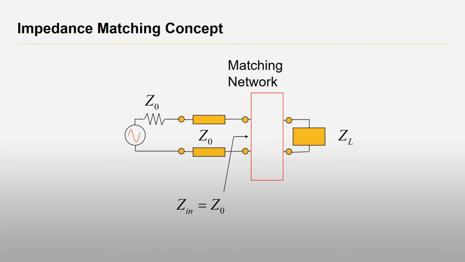And what we would like to have at the input to the matching network is an impedance equal to Z0, so that we are delivering maximum power from the generator to the load. And of course, this is assuming Z0 is a real quantity. If it were complex, then Zin should be equal to Z0 conjugate. But almost always the system impedance Z0 is a real quantity.